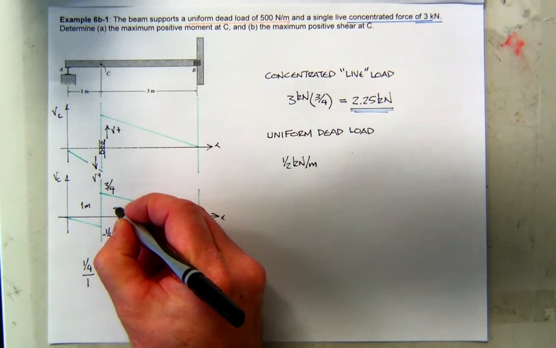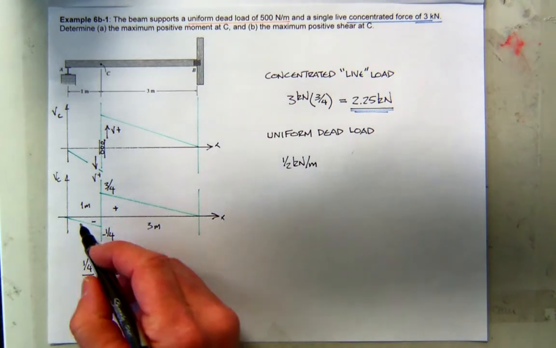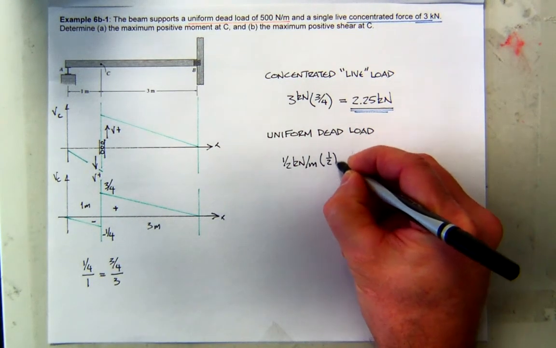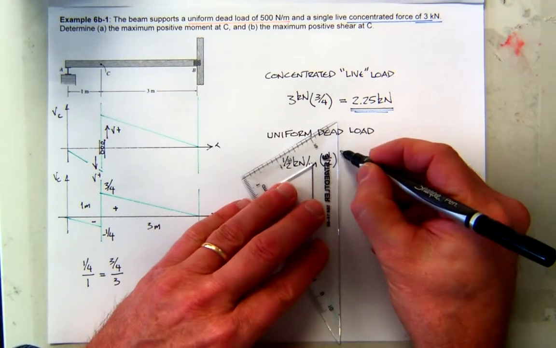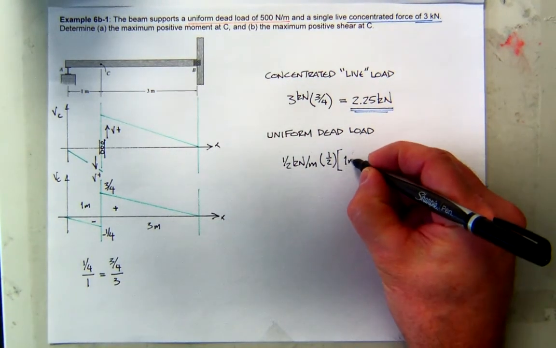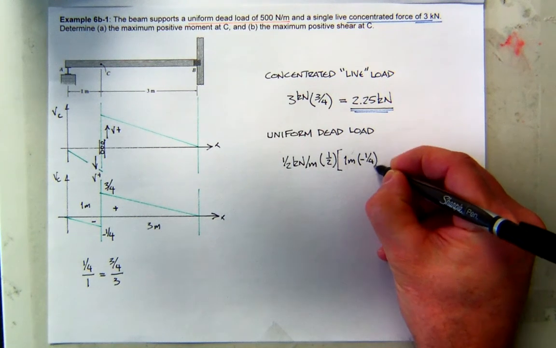So I've got a positive area and I've got a negative area. I'll do each of them separate. They're both triangles though, so they both have the 1/2 factor. And that'll be times the area of the first one, the base is 1 meter and the height is minus 1/4.